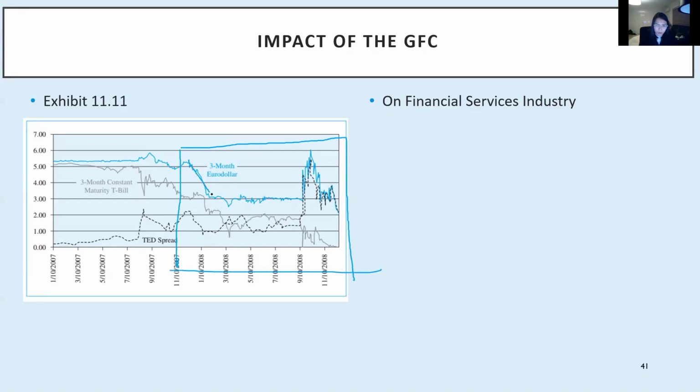What happened was all of these investment rates dropped, and also by the peak of the crisis, we have seen an increase in credit spread. Okay, so the TED spread tells you the credit risk premium in the economy. Okay, if this shoots up, that means it's more expensive to hedge against credit risk, or the credit risk premium becomes larger.